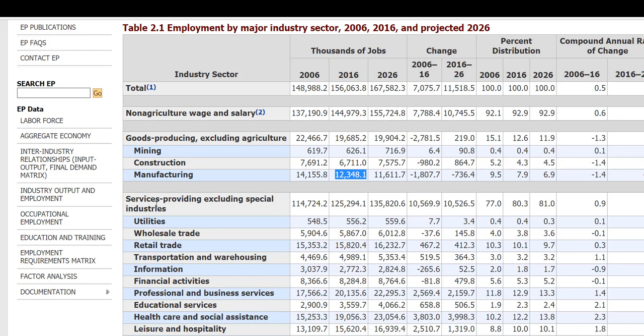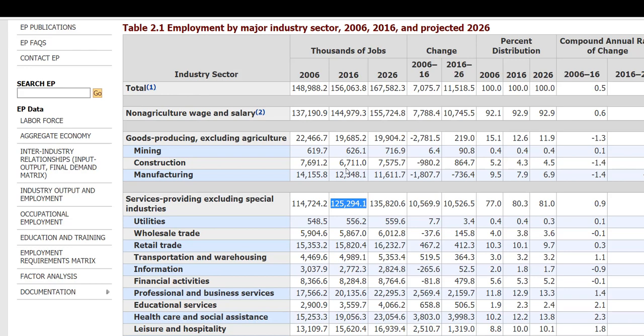What about the services sector? Well, the services sector in the United States employs the vast majority of the workers, 125 million workers. That's how predominant the service sector is in the United States.